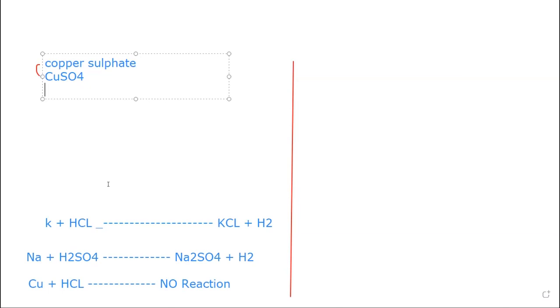Okay. I will give you an example and ask you to find the chemical formula of a compound like aluminum carbonate. Can you write this chemical formula? Aluminum carbonate.